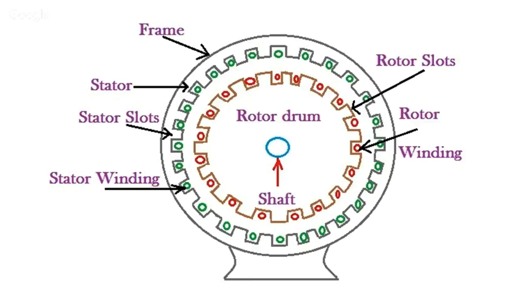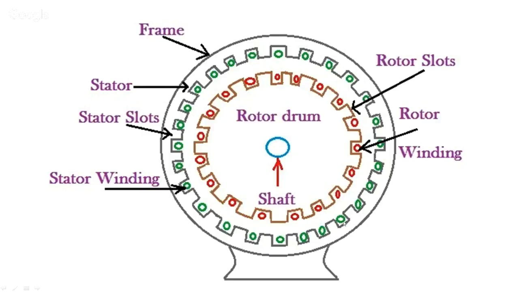A number of thin stampings are stacked together and riveted or bolted together, and it forms the laminations. Laminations are done to reduce the eddy current losses. So here is the air gap between the stator and the rotor.